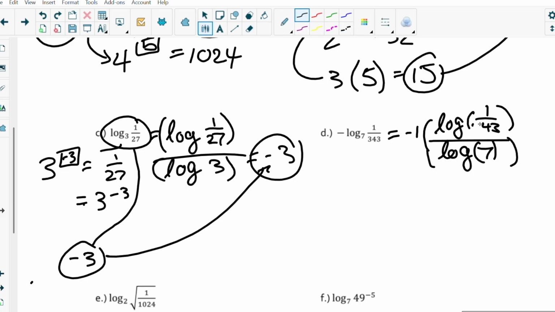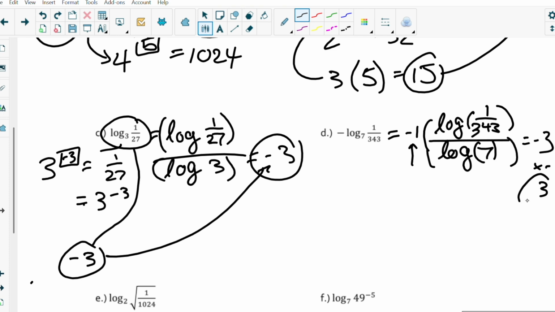Oh, shoot. Sorry about that, folks. That should be 343. My apologies. So the log of 1 divided by 343, divided by log of 7, is negative 3.